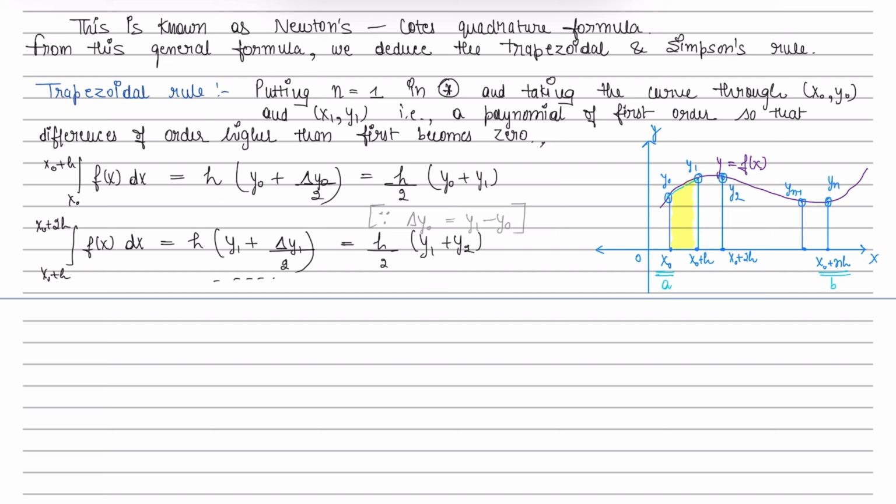Similarly, going on, generally we can say the integration from x0 plus n minus 1 h to x0 plus n times h of f of x dx will be h by 2 into y n minus 1 plus y n.